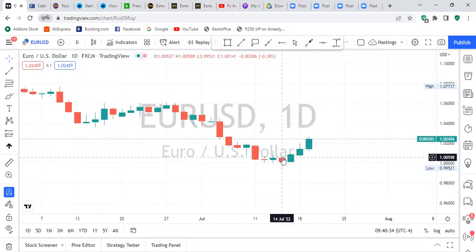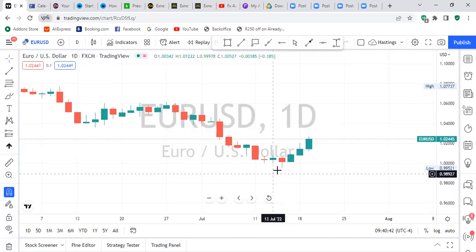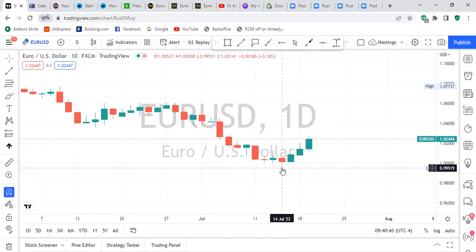The price started at 1.00598, and it pushed all the way down to this wick here at 0.99519, and then it retraced back again. Now the price is at 1.0011. That's where the price is at currently.